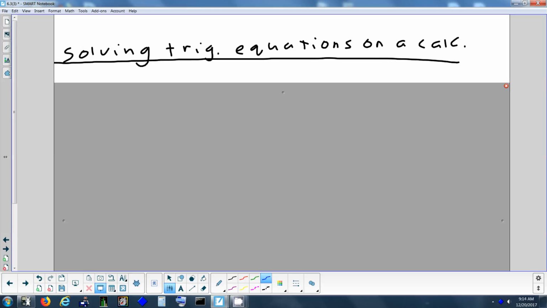And as they keep going, can you describe the behavior as they keep going? It repeats, right? They're periodic. So trig functions are periodic, they repeat. So what does that mean? If you're looking at a window on your calculator and you see an intersection point on your screen, what does that mean in terms of if you were to look off the screen?